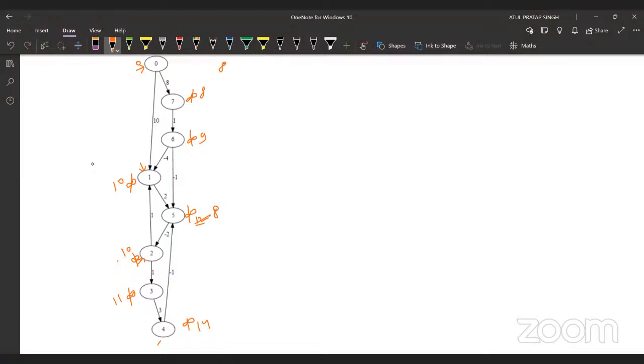So we will repeat this process 8 times, and we will get the shortest distance from 0 to every node. Here we are not marking whether a node is visited or not.